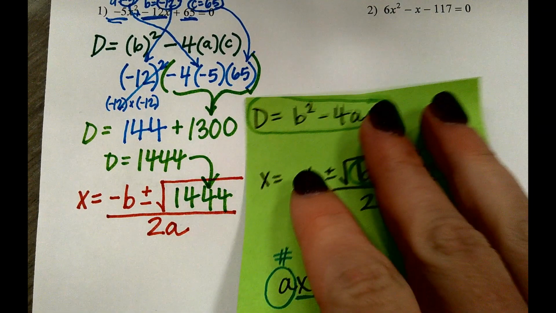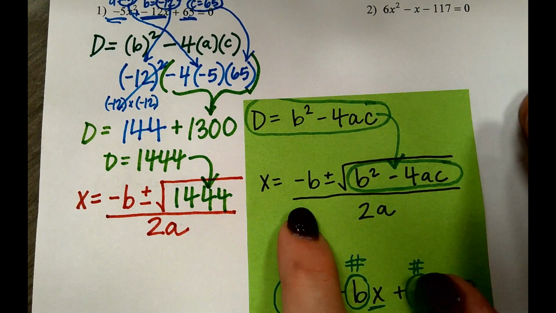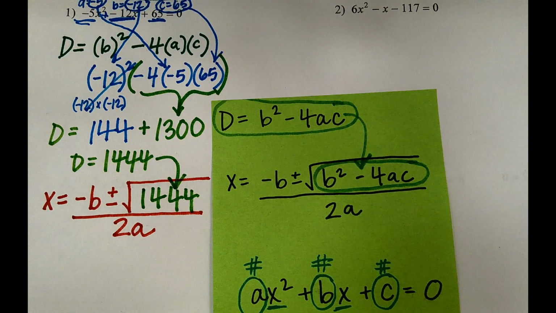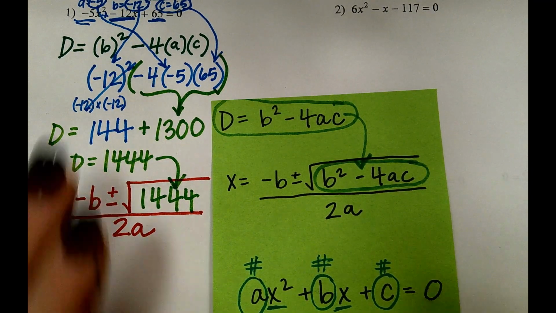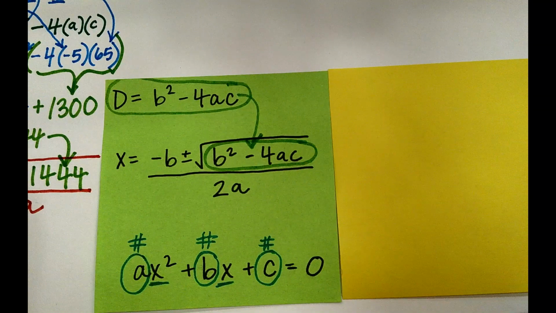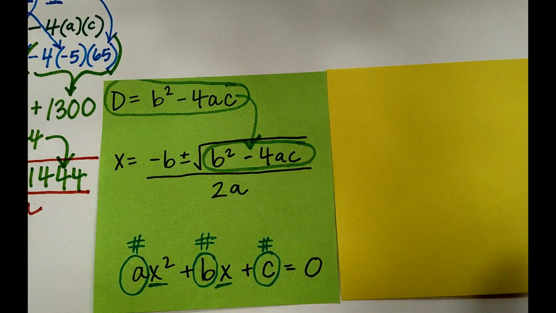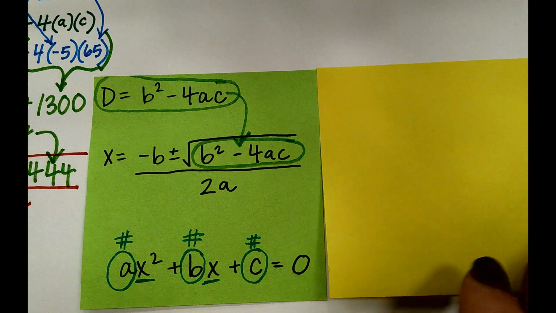Now, one more time, I'm going to explain how come I didn't use this quadratic formula, and I'm going to get a different sticky note. If you get it, great. I want to make sure everybody else gets it too, though. The quadratic formula is just something I give you. You will have this in your notes to use. It's not something you have to memorize, so don't let it scare you too much.